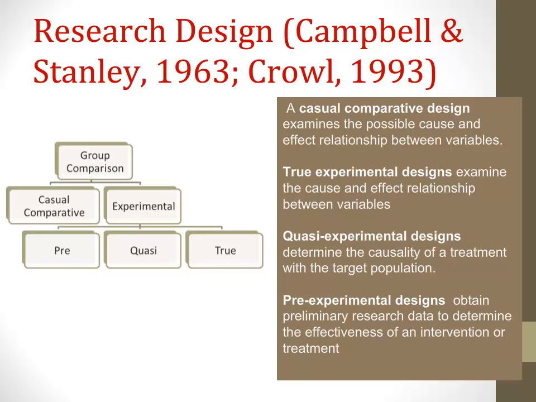Let's say we have a control group and a treatment group. That means that every participant who agrees to be part of the study has the opportunity to be assigned to either the treatment group or the control group. Now, according to Campbell and Stanley, randomization allows for the researcher to assume group equivalence.